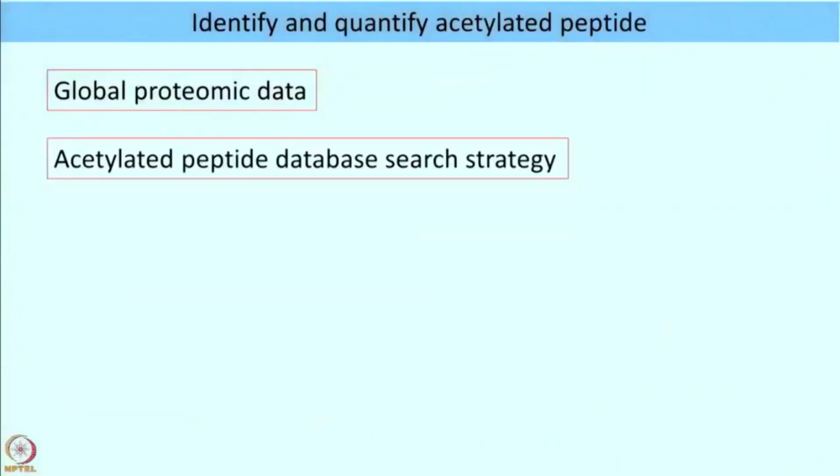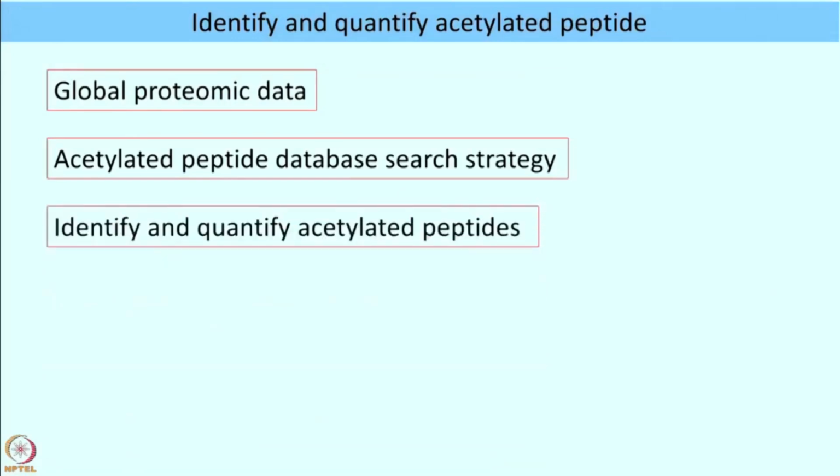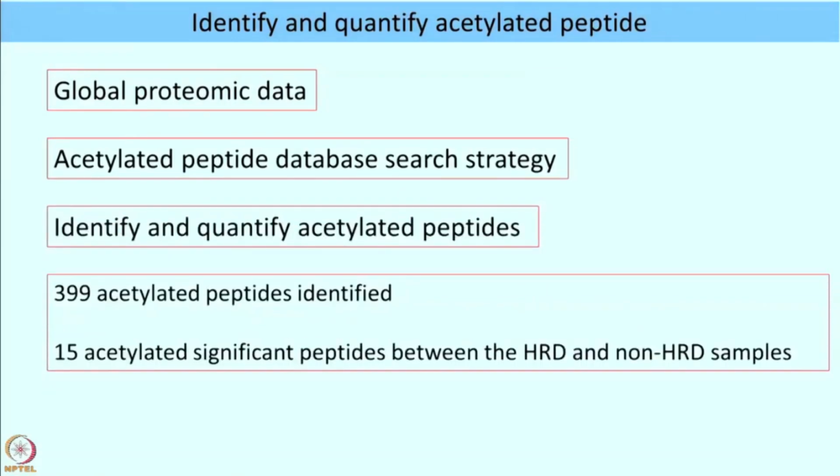So, this clue was enough to give an idea that acetylated peptides need to be studied. From the global proteome data, they prepared an acetylated peptide database search strategy and identified and quantified the acetylated peptides. From there, they identified around 399 acetylated peptides and 50 significant acetylated peptides between HRD and non-HRD.